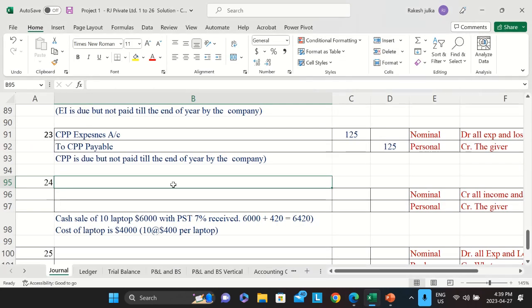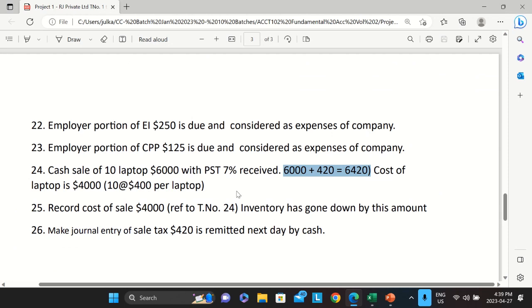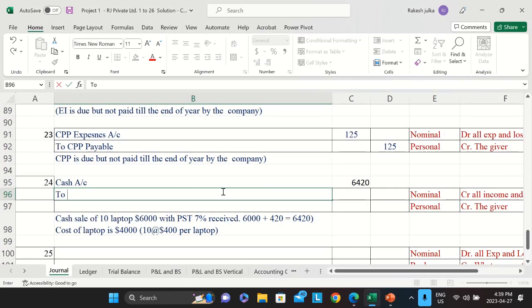So first will be the cash account debit. Cash balance has increased in our company, so cash balance is 6420. So this is increased, and so now we are going to credit something. So what has gone from us? So something has gone, means the goods has gone and the value of the goods is 6,000 to sale. So sale will be of $6,000 here, right?